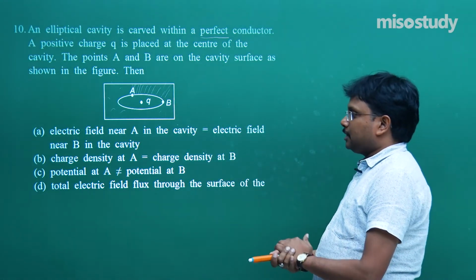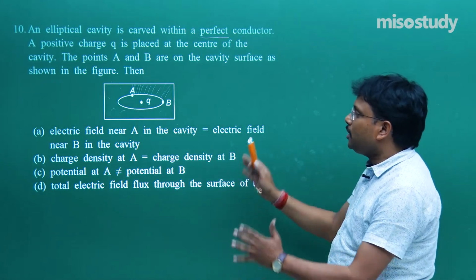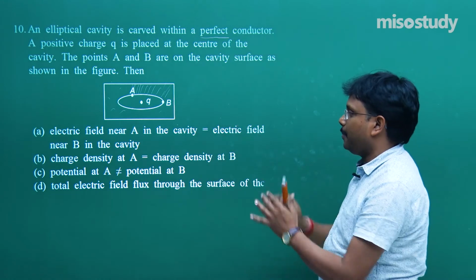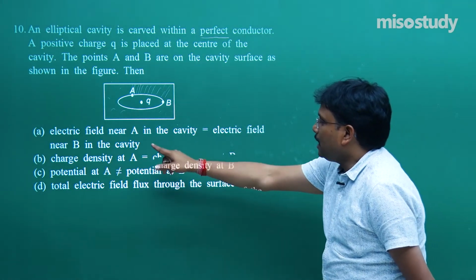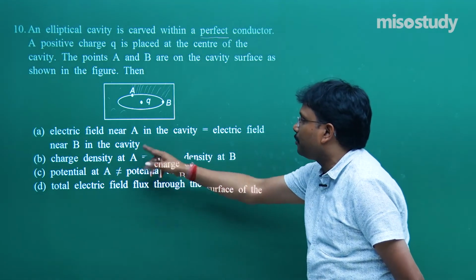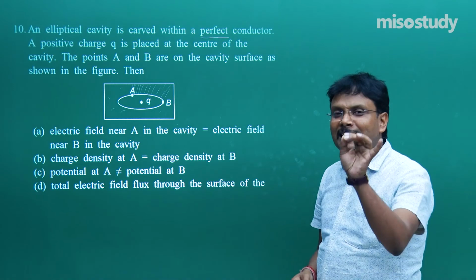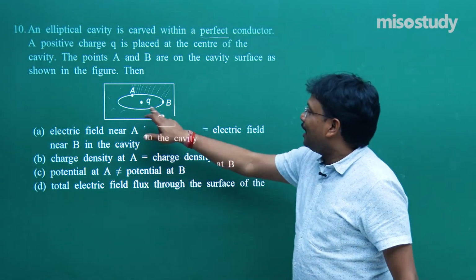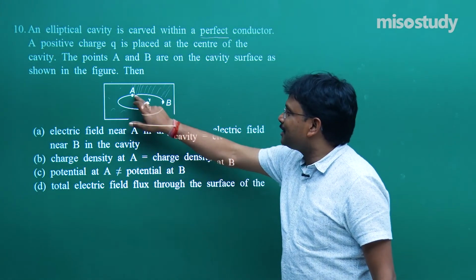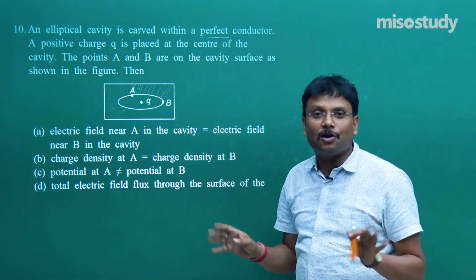Simply, I would like to suggest, if you read the options properly, you will say there is no need for pen or paper. Fine, let us start. Electric field near A in the cavity is equal to electric field near B in the cavity. If you are unable to understand anything, then apply the simple logic. This distance from here and this distance from here are not equal. So, simply say because of that reason it is not equal.